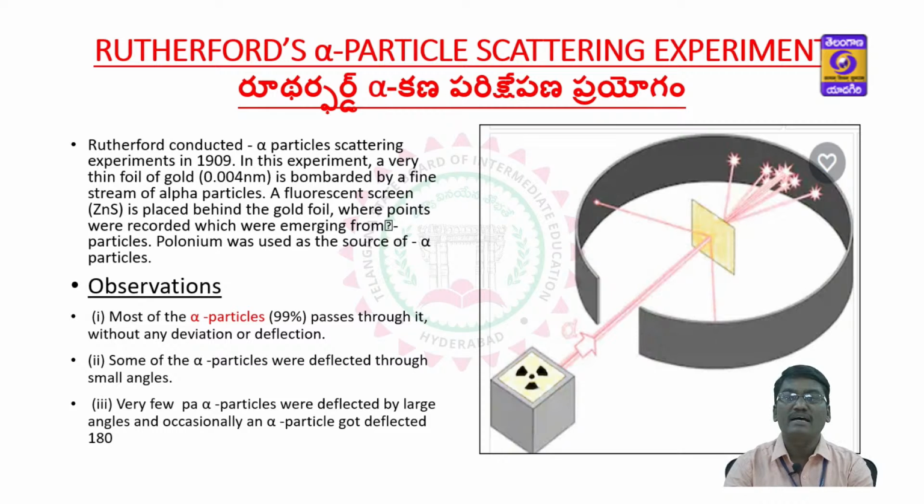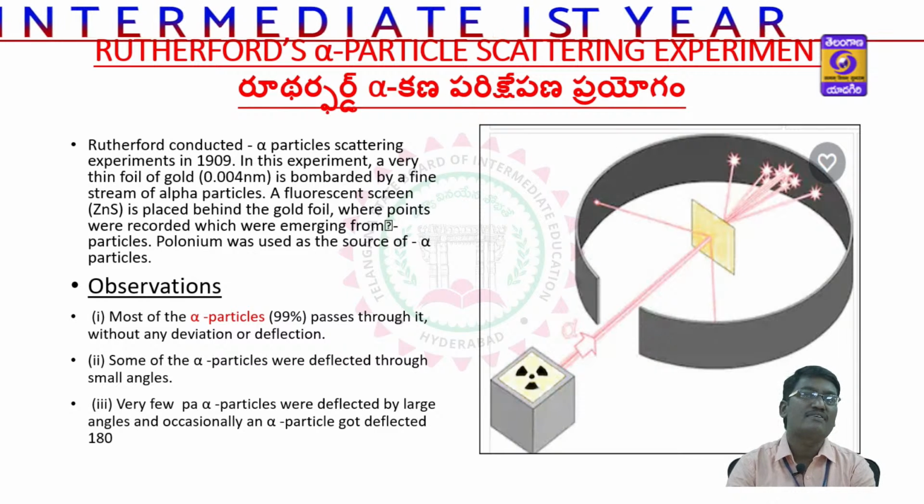When the alpha rays go through the gold foil, they hit the screen behind it, which is made of zinc sulfide, a salt. Polonium was used as the source of the alpha particles. Polonium is a radioactive element which decays and produces alpha particles.